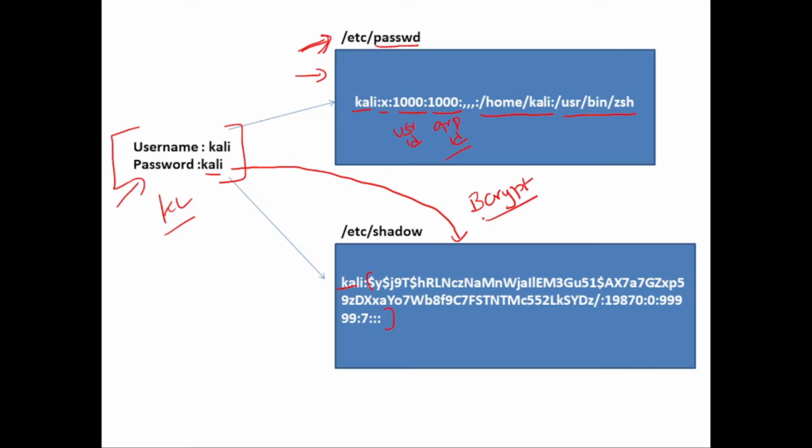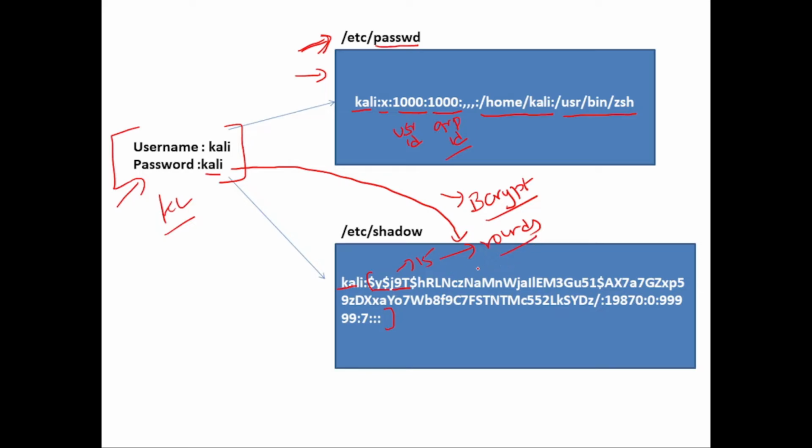So what is bcrypt? Bcrypt is a hashing strategy which uses several rounds for converting this password. And you can see here the very first character denotes the type of hashing used. And these characters here, J9T, actually represent 15, which is the number of rounds used for this hashing.